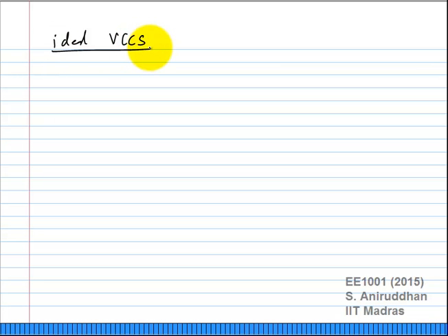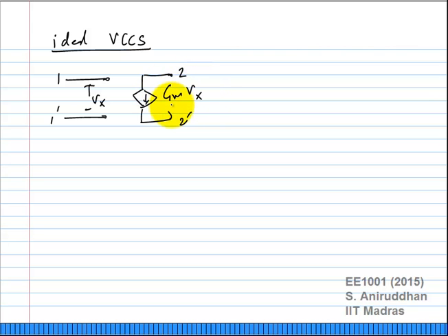If you look at the ideal voltage controlled current source, so let's say this was Vx and this was Gm times Vx. What kind of parameters do you think will be suitable here?